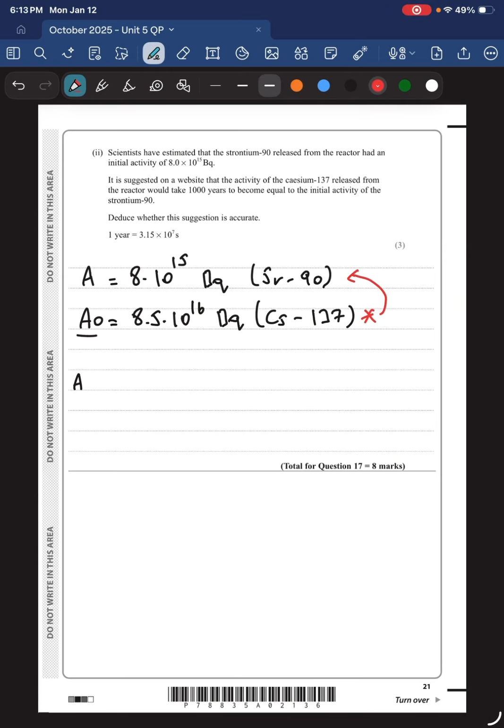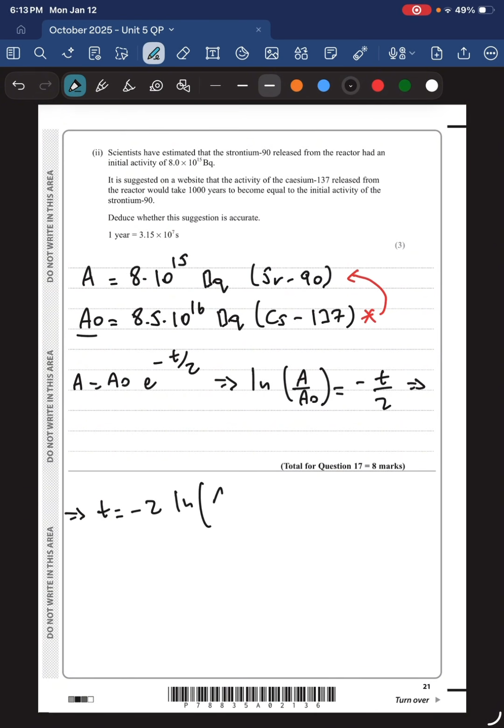So we will use A is equal to A naught e to the minus t over the time constant, and we will take the ln as usual. So ln of A over A naught is minus t over the time constant. So the time needed will be minus the time constant times ln of A over A naught.